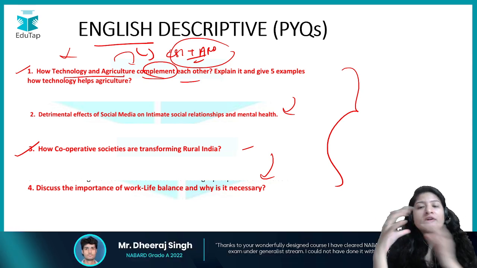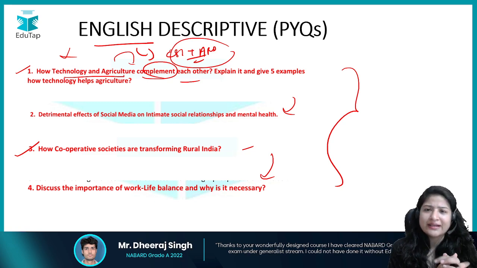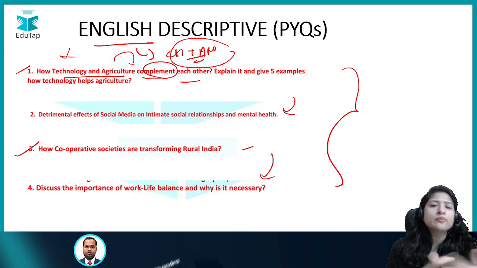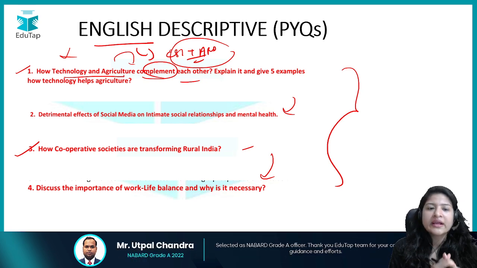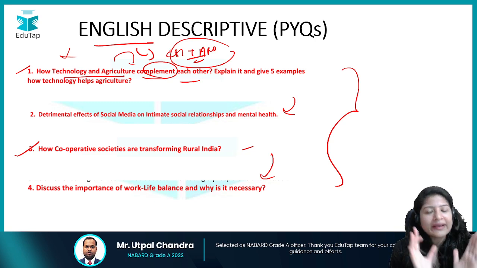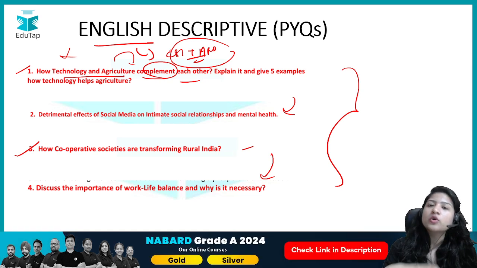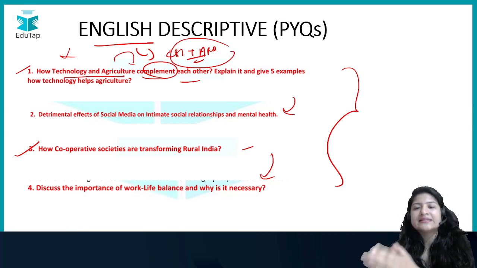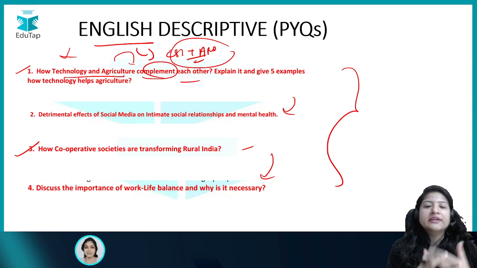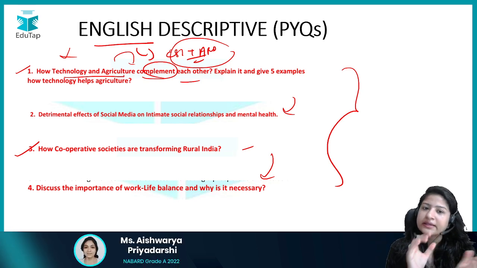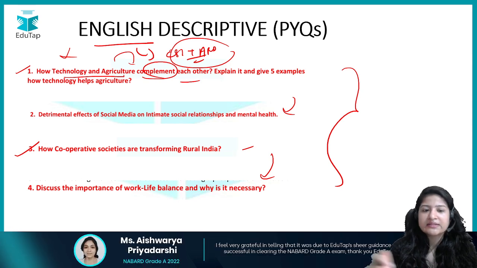We are talking about biotechnology getting incorporated in agriculture. These are day-to-day news that you must have heard around yourself, right? So that is what the question is asking you about. Again, I would say stick to the ESI and ARD syllabus and read more and more current affairs, and whatever you feel is touching your ESI and ARD topics, just read it. You will be able to answer the questions that are asked in English descriptive answer writing, right?